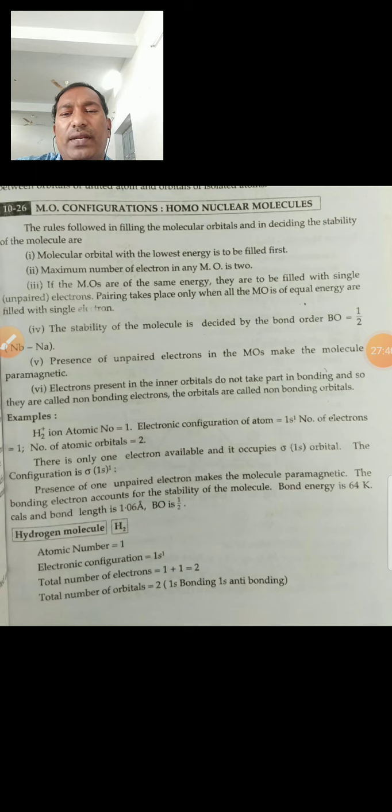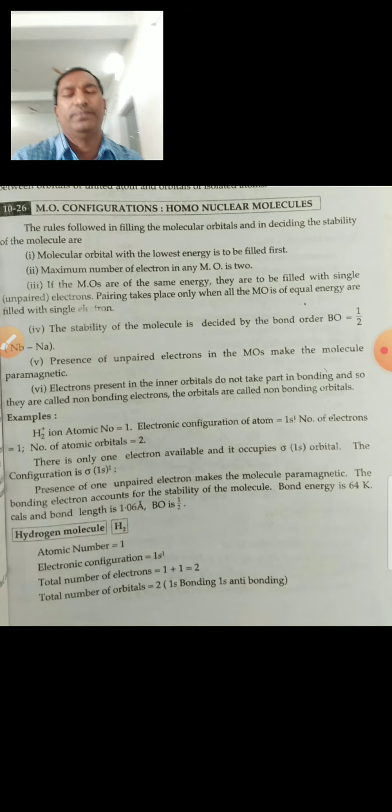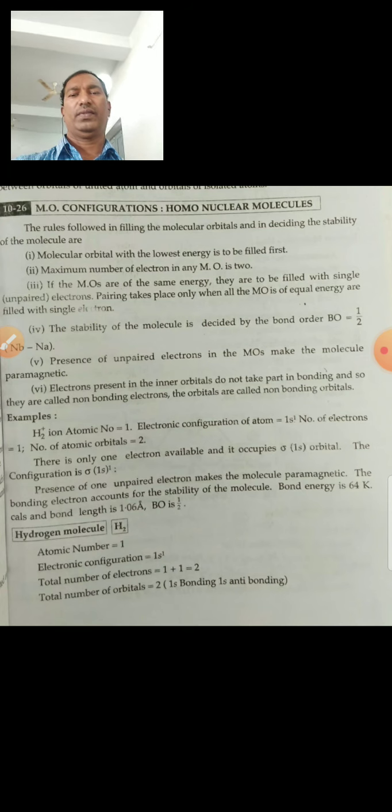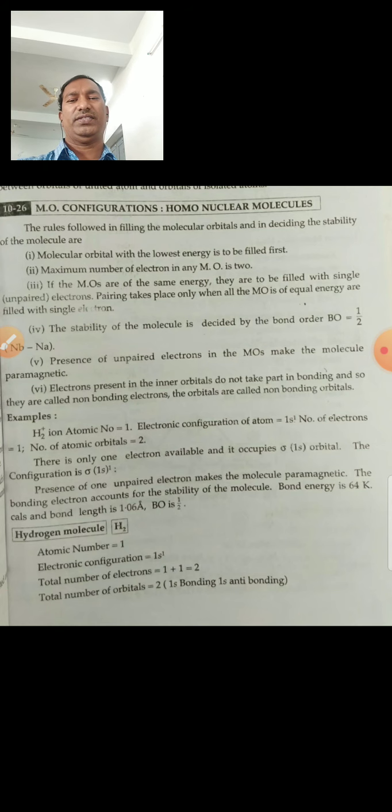Presence of one unpaired electron makes the molecule paramagnetic. The bonding electron accounts for the stability of the molecule. Bond energy is 64 kilocalories, bond length is 1.06 angstroms, and bond order is 1 by 2, that means 0.5. So these are the molecular orbital configurations for homonuclear molecules.